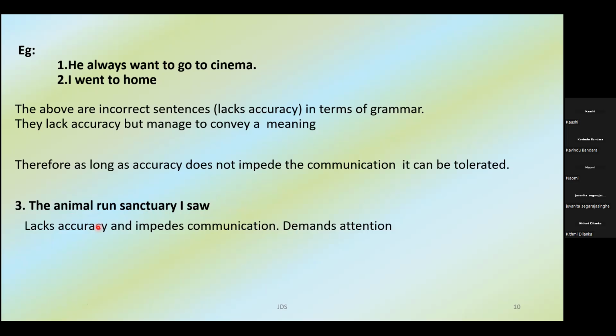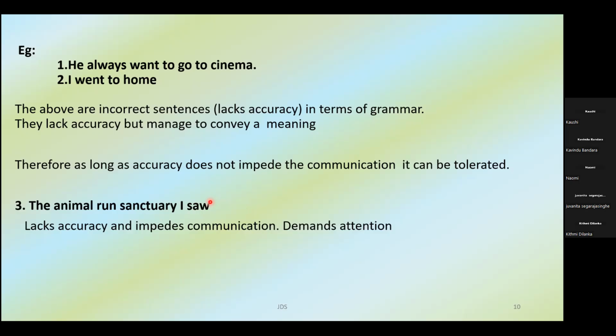Now I can say the animal was running out of the sanctuary. I saw it running, coming out of the sanctuary. You may say it was running within the sanctuary. Right? Another one can say when I saw it, it was running somewhere, or it was not in the sanctuary, it was near, outside, inside.